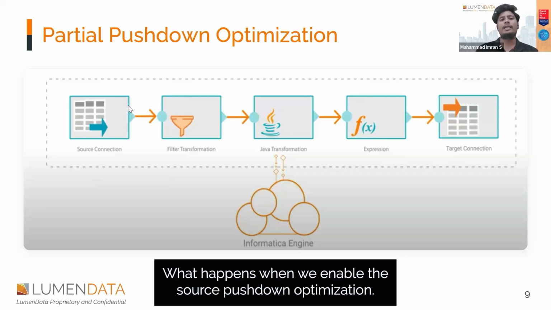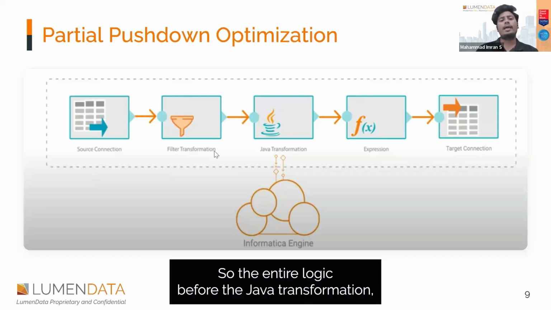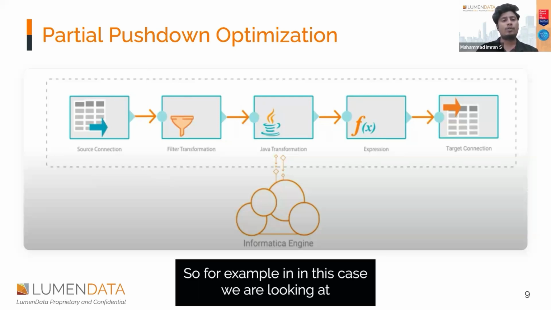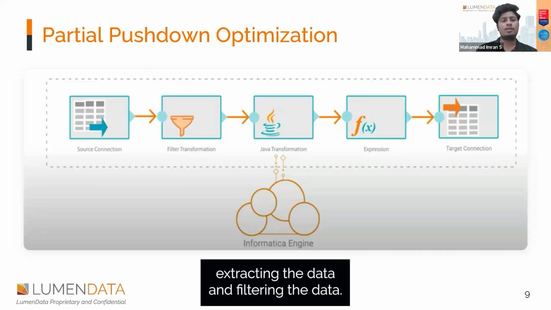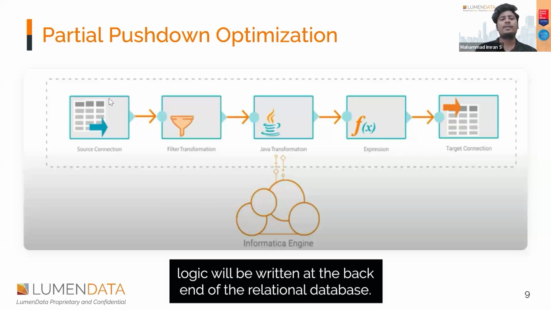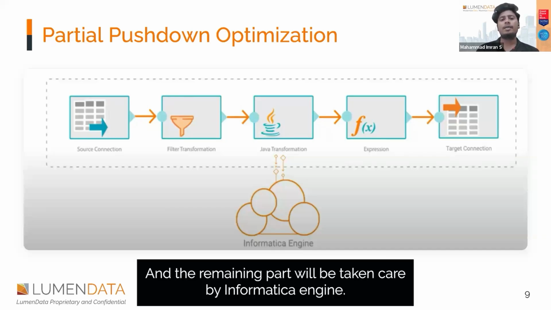What happens when we enable the source pushdown optimization? The entire logic before the Java transformation will be pushed to the SQL database, the relational database. For example, in this case, we are looking at extracting the data and filtering the data. So these two transformations' logic will be written at the backend of the relational database, and the remaining part will be taken care of by the Informatica engine.